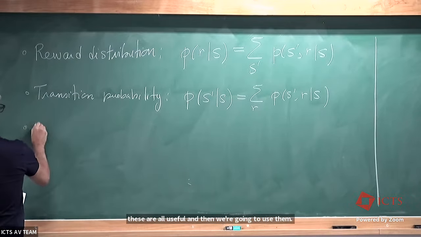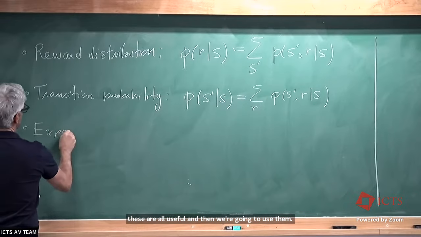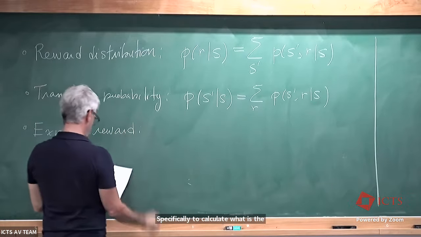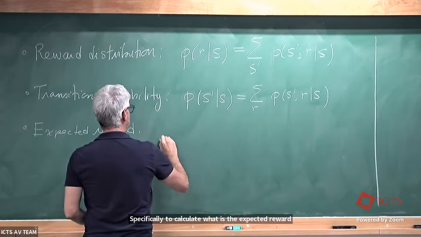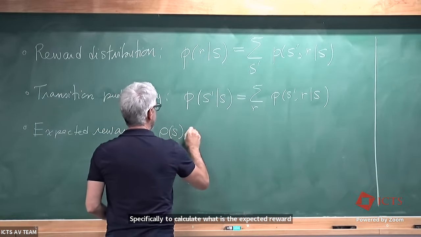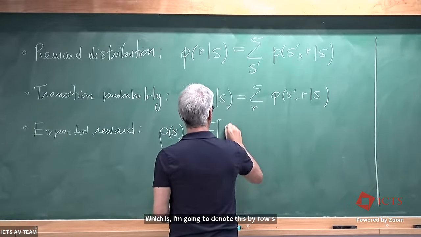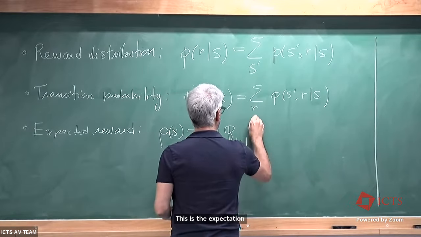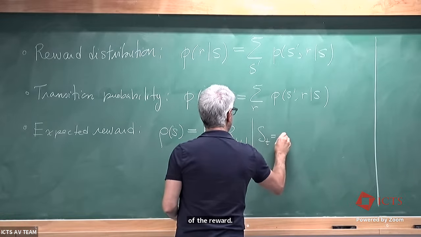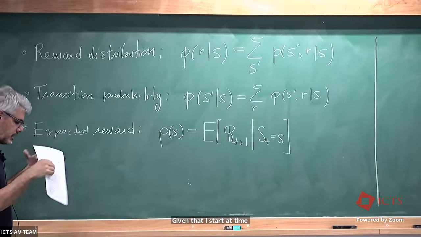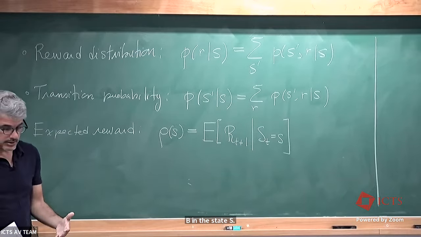specifically to calculate what is the expected reward, which I'm going to denote by rho of S. This is the expectation of the reward given that I start at time t in the state S. So this basically states that I'm in a state S now at time t.